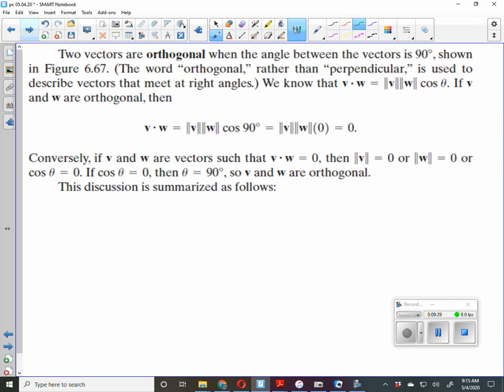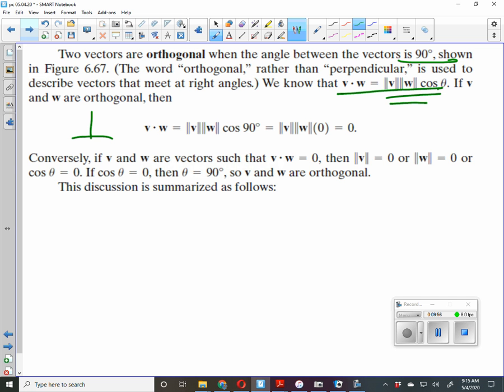The two vectors are orthogonal when the angle between the vectors is 90 degrees, implying perpendicular angles, right? Or perpendicular lines. We know that the dot product can also be found by the magnitude of W times the magnitude of V cosine theta.